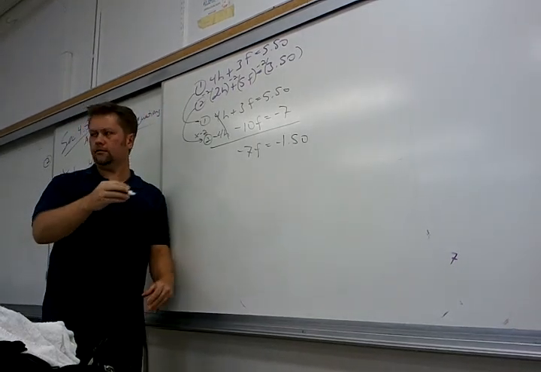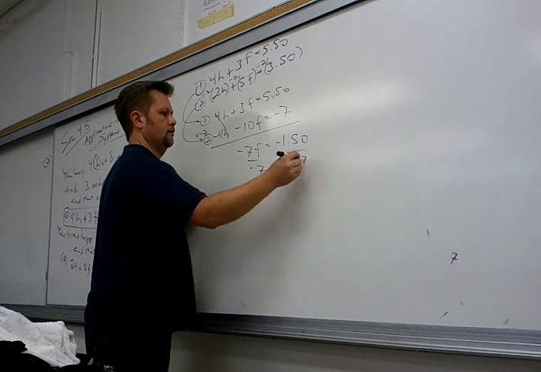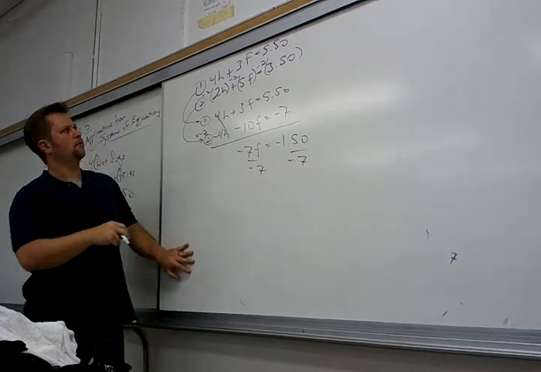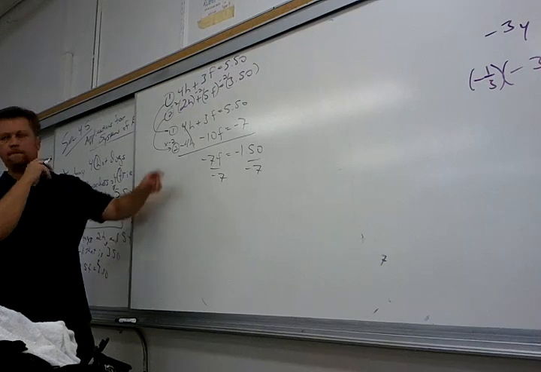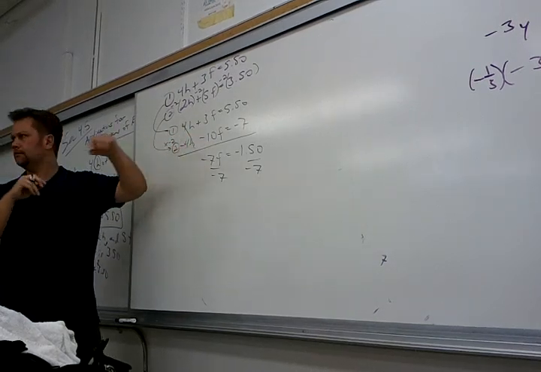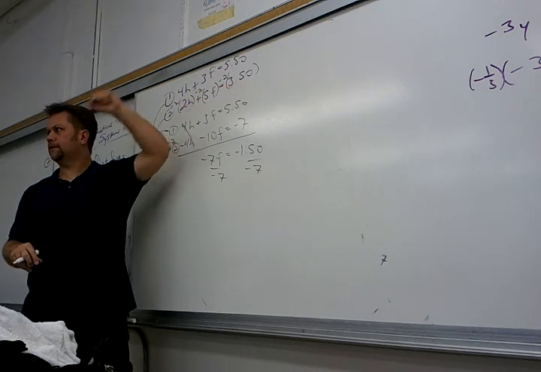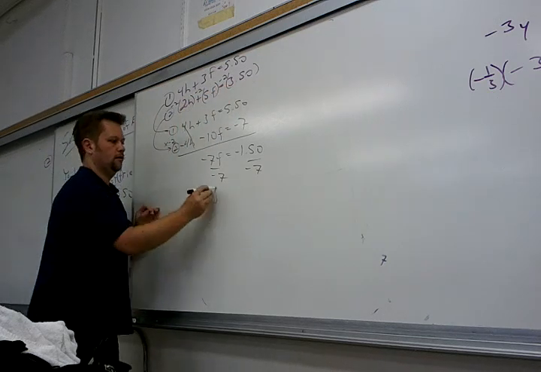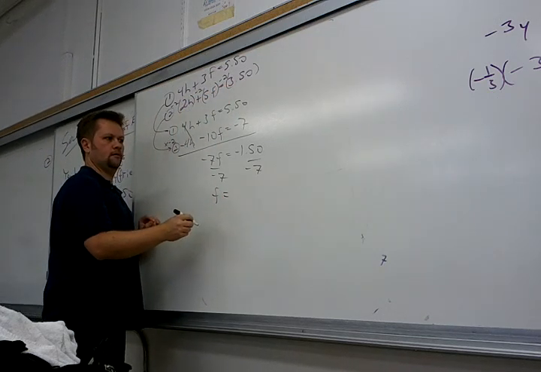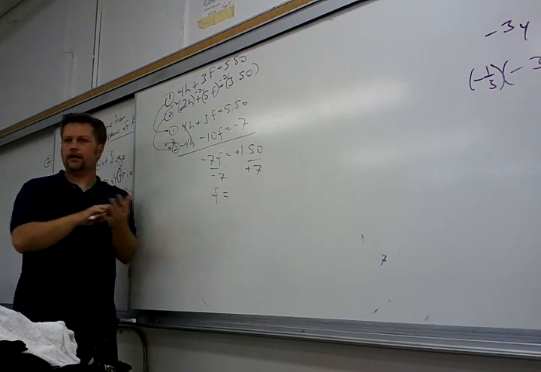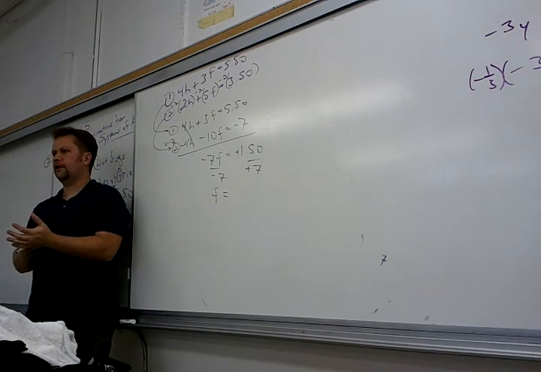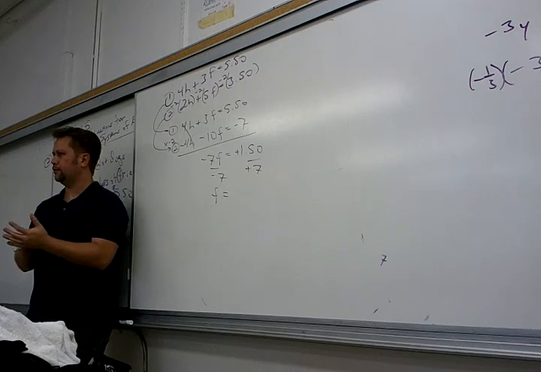I get -7 instead of 11 because when you minus 0.50 by 7, that decimal becomes 150. F equals actually positive 1.5 over 7, and whatever that is. I didn't quite get it the way I wanted it in my head.